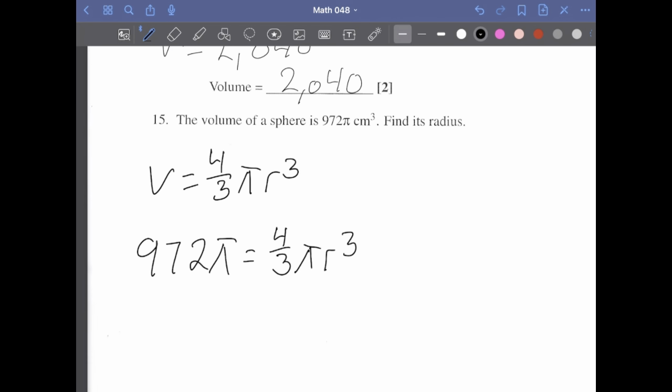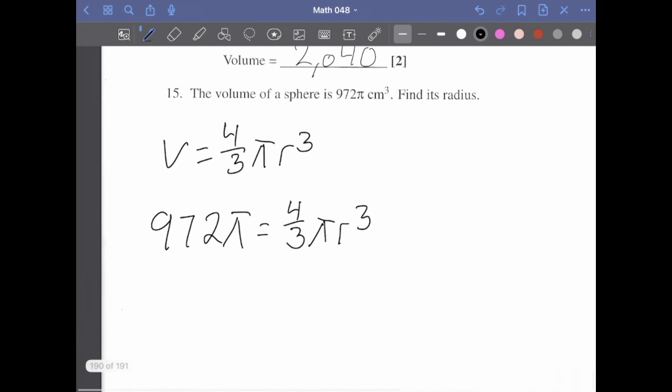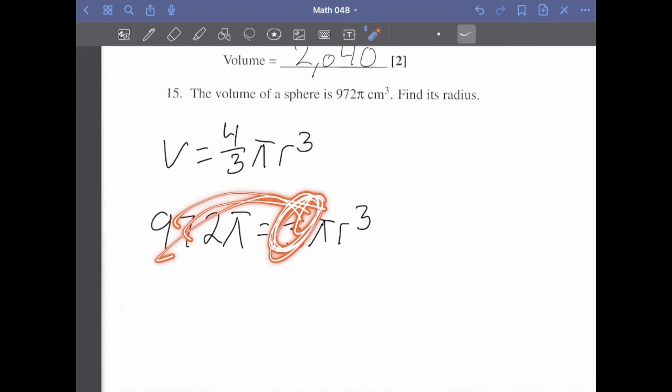So now what we're going to do is multiply both sides by 3 over 4, because when we do that, this fraction becomes 1.